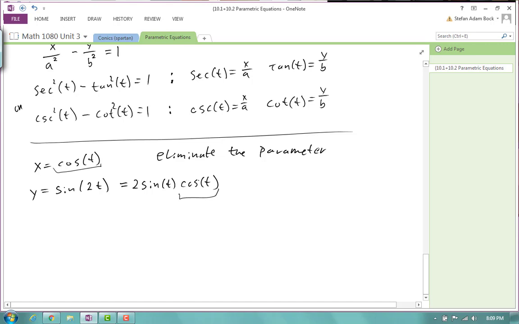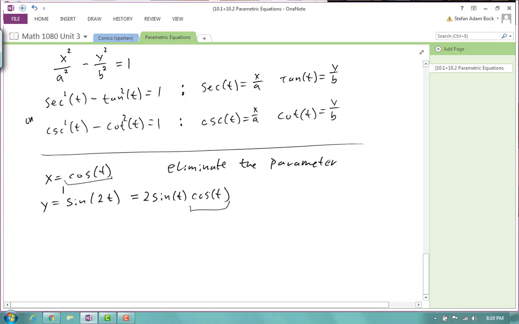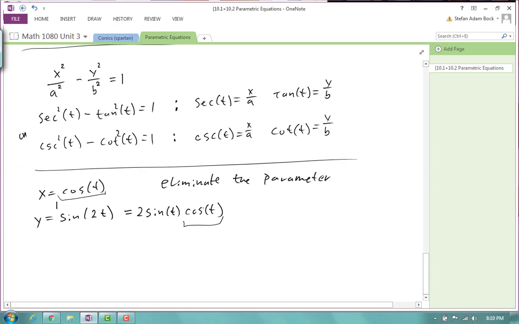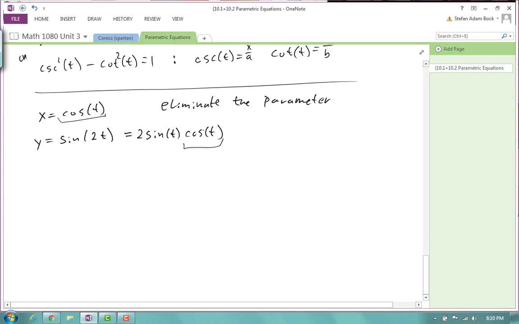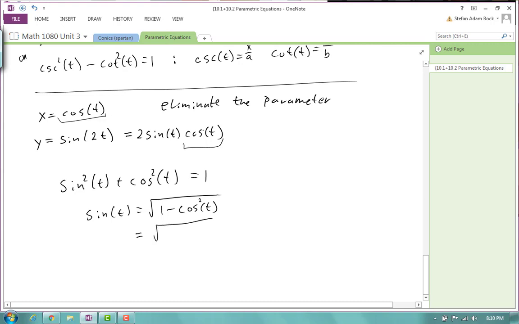So all I can do really is try to replace the sine with something, and I'm going to have to use x, or the Pythagorean identities, to try to do that. So let's see. Sine squared of t plus cosine squared of t is equal to 1, which means sine of t is equal to the square root of 1 minus cosine squared of t. Which means that my sine of t is actually equal to the square root of 1 minus x squared.